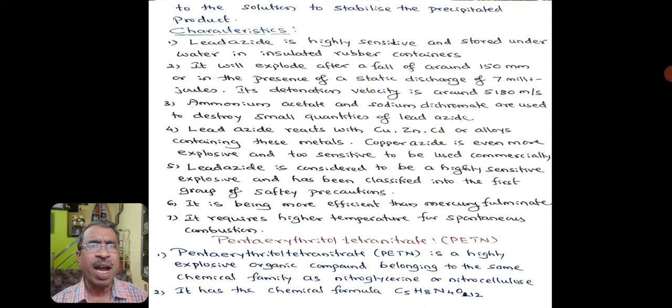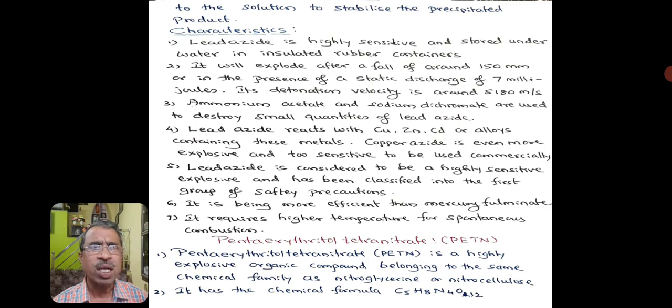Ammonium acetate and sodium dichromate are used to destroy small amounts of lead azide. Lead azide reacts with copper, zinc, cadmium or alloys containing these metals. Copper azide is even more explosive and too sensitive to be used commercially.